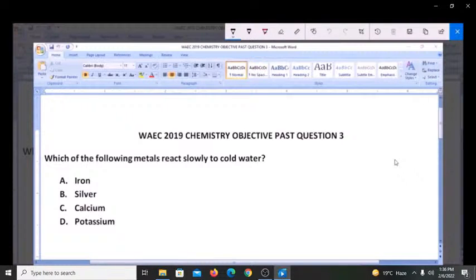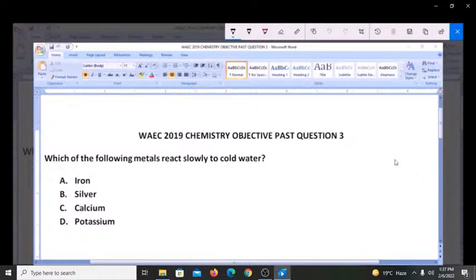So going straight to the point, sodium reacts fastest and very violently with cold water. It's a well-known chemical property of sodium. It reacts very quickly and somewhat violently with cold water. However, sodium is not among the options given to us. I'm just stating that as it's a very common property.